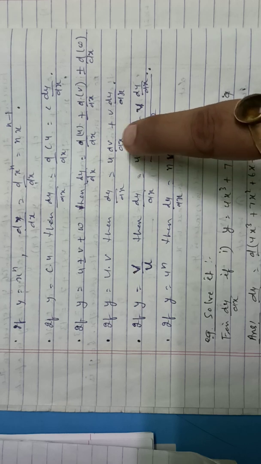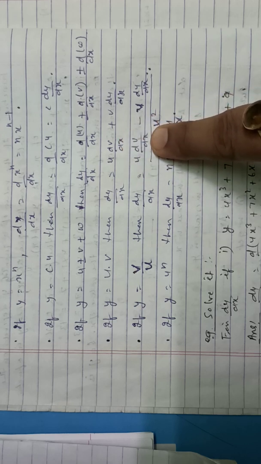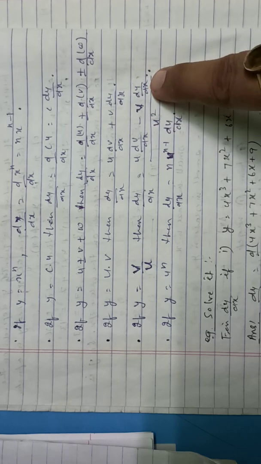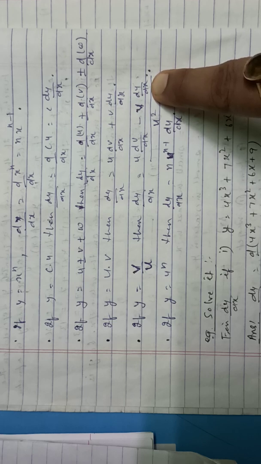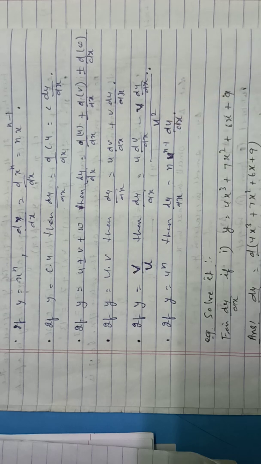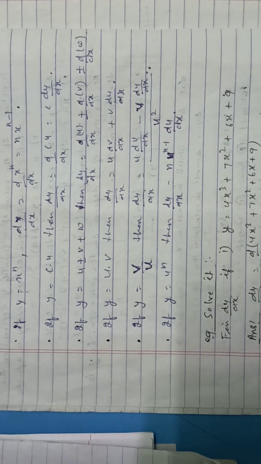In the product formula and the division formula, in the product formula you have to apply the plus sign, in the division formula you have to apply the minus sign.